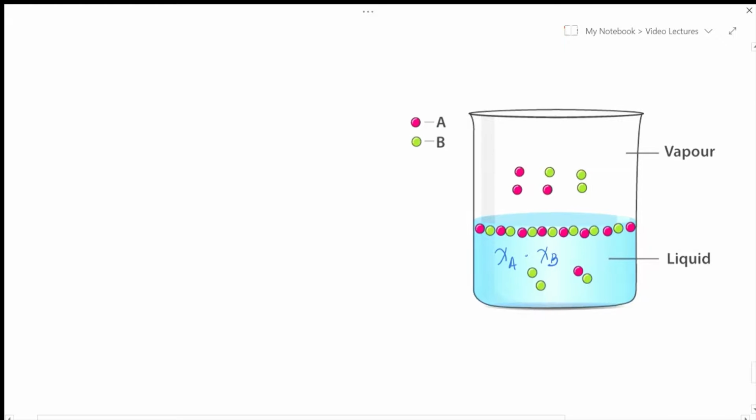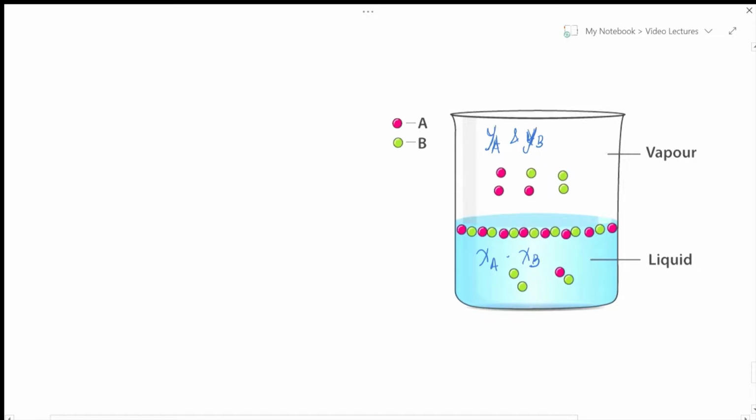Now let's call the vapor phase mole fractions Ya and Yb. Ya and Yb refer to mole fractions that you have in the vapor phase. That is the vapors which have accumulated above the solution. Let's write this down.